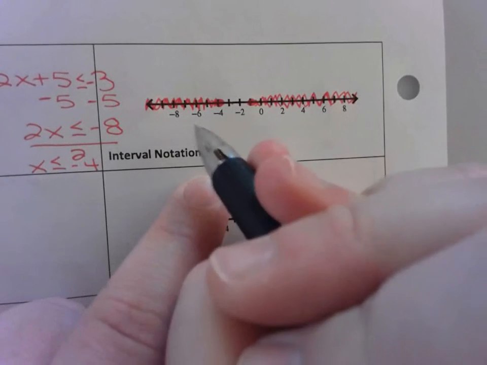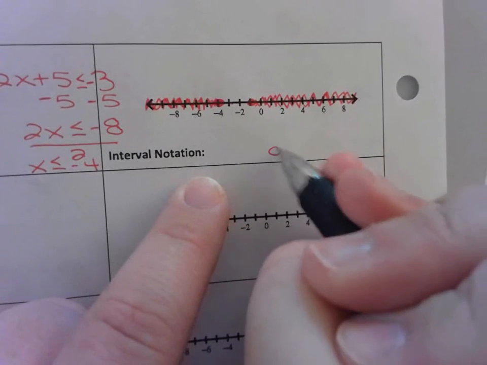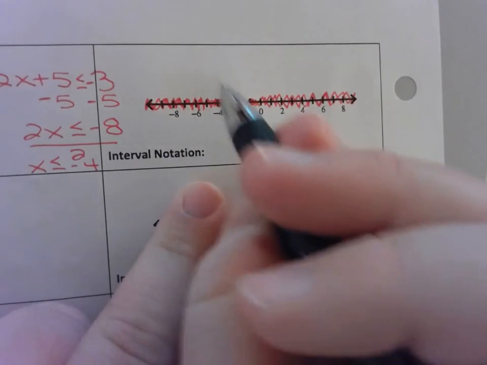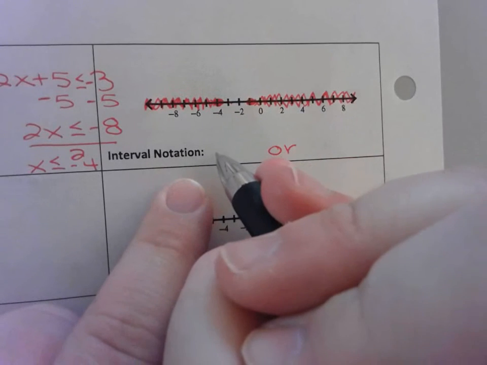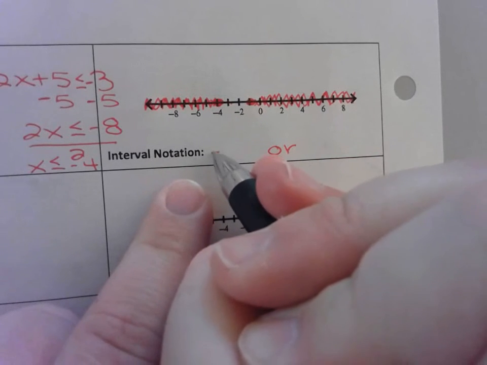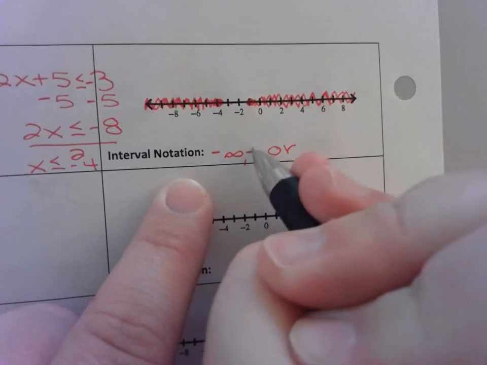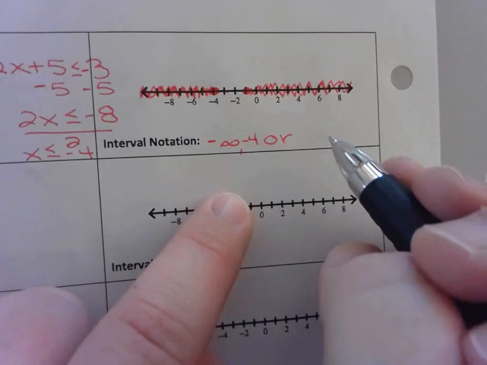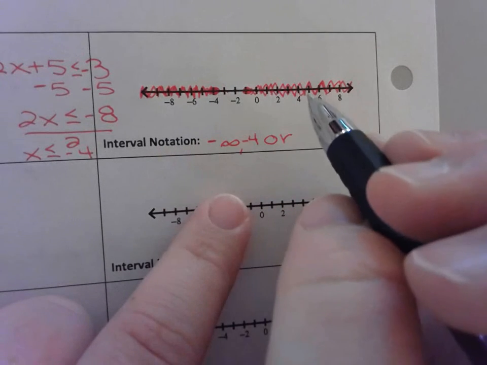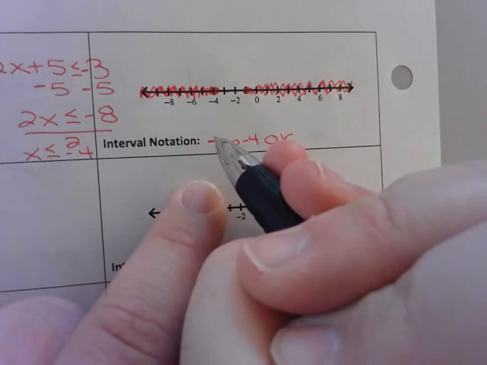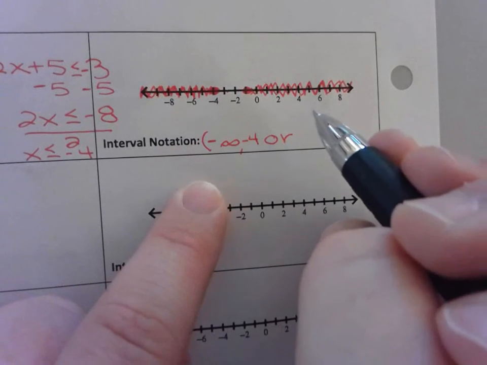Okay, interval notation, there's two of them. So as I go from the left, this is OR, separated with OR. Let's look at the interval on the left. I go from what to what? Start from the left. Negative infinity to negative 4. Let's think, parentheses or bracket? Parenthesis at negative infinity.